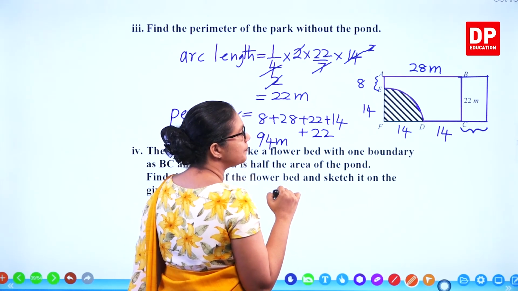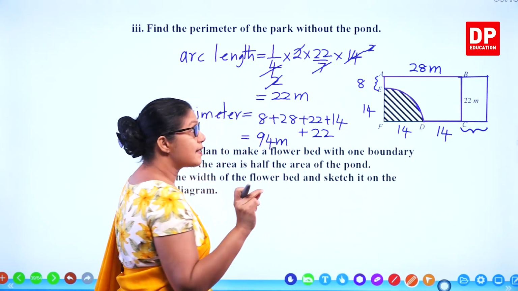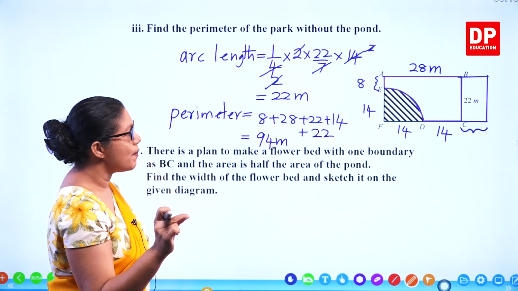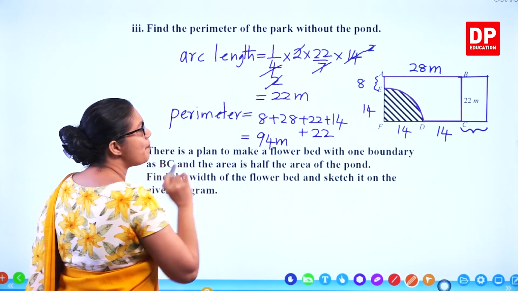We know the length is 22. But it's given the area of the flower bed is half the area of the pond.